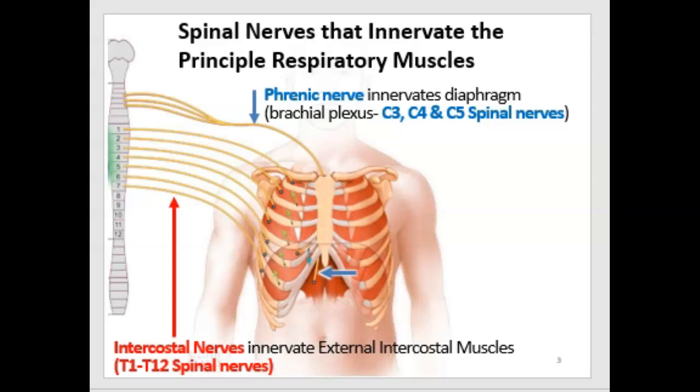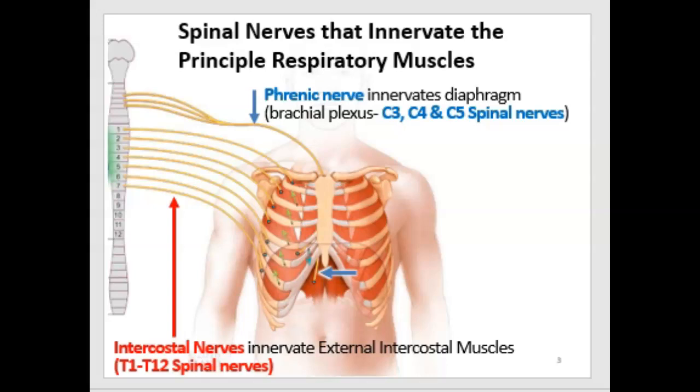If you recall from A and P1, those spinal nerves are part of the brachial plexus. So the brachial plexus has a nerve that comes off of it called the phrenic nerve that travels posterior to the sternum and then to the diaphragm. You can see the blue arrow on the bottom where the yellow neuron is innervating the diaphragm.